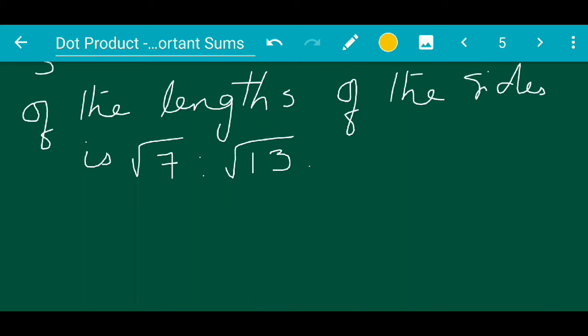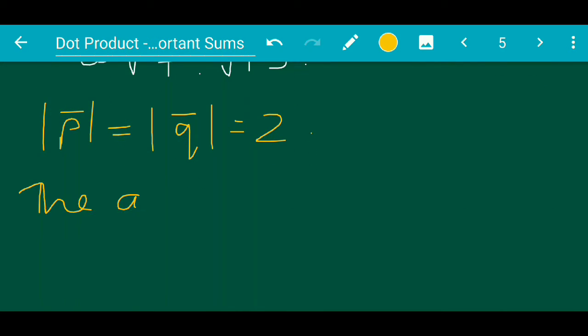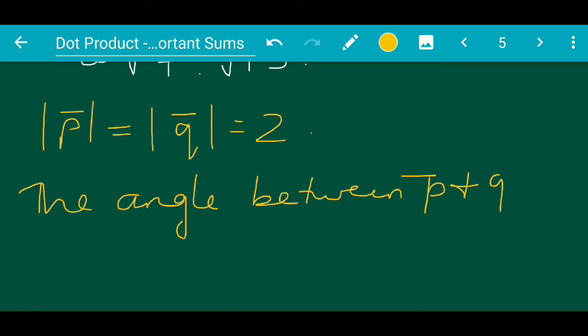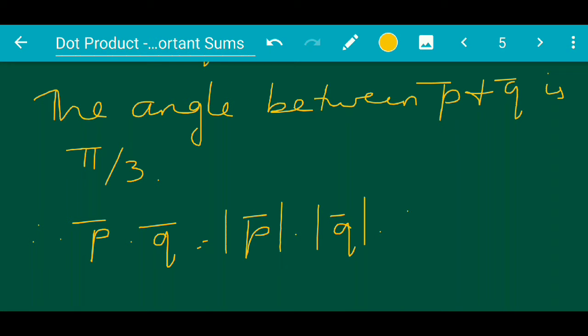Now mod p is given as 2 and mod q is also 2, and the angle between p and q is pi by 3. Therefore, if we take the dot product of p and q, p dot q is actually mod p into mod q into cos theta.